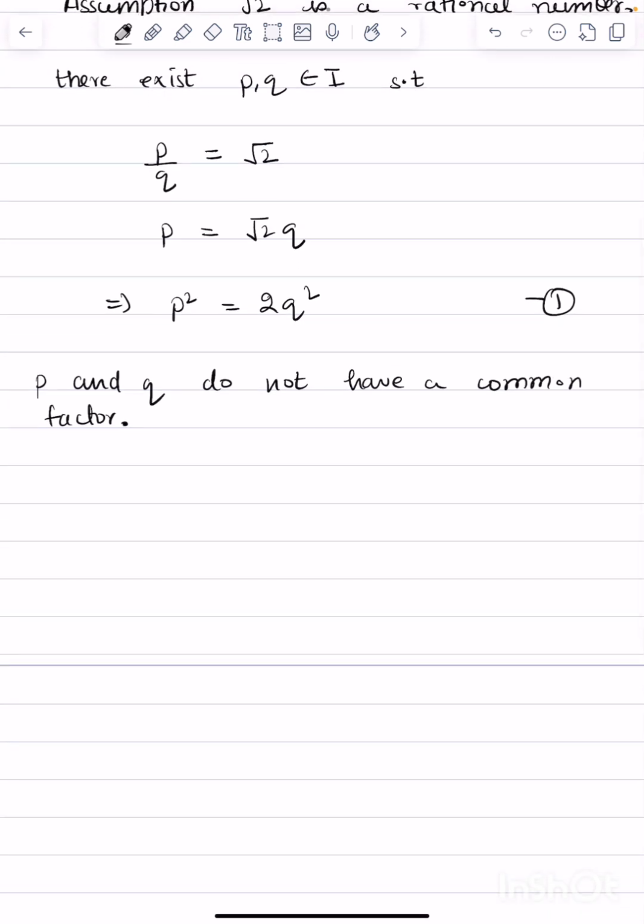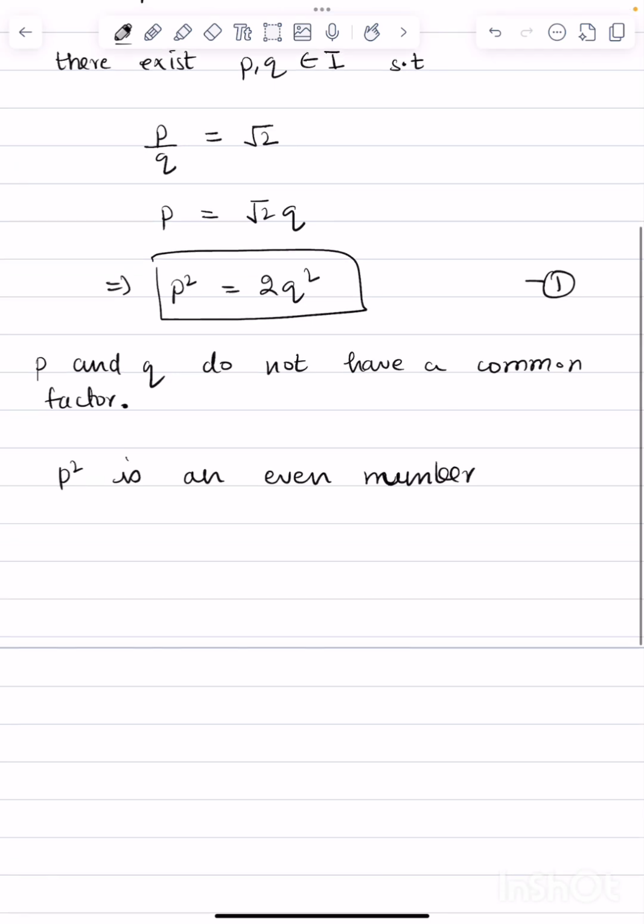So from equation number 1, we can see that p square is an even number, since it has 2 as its factor.